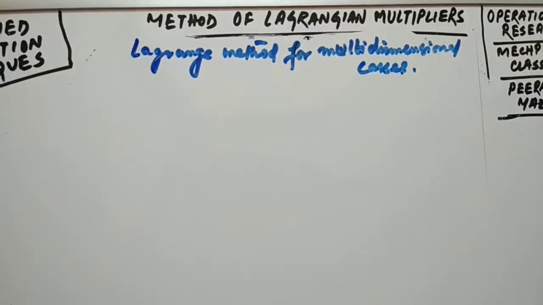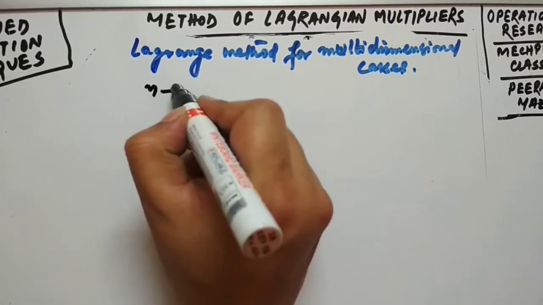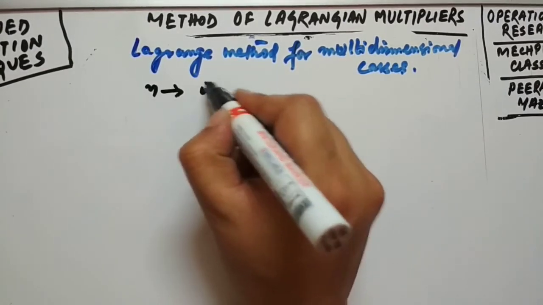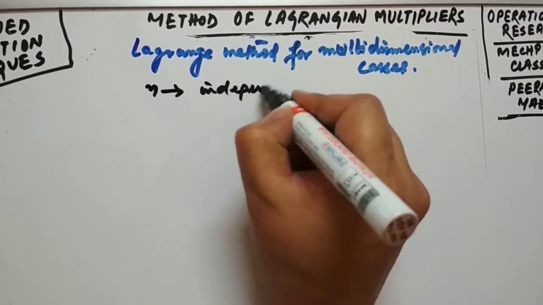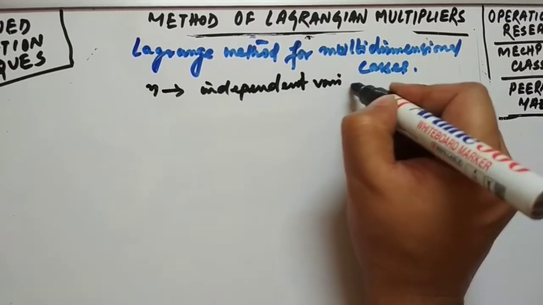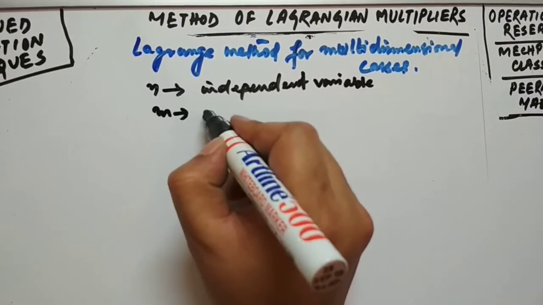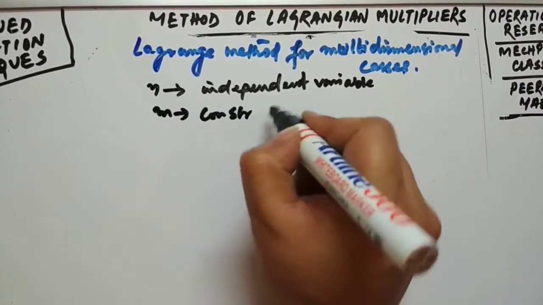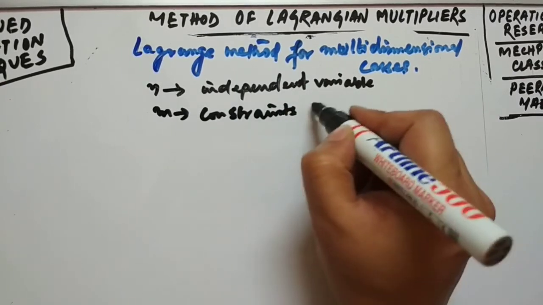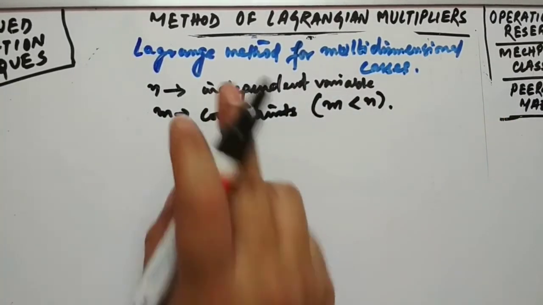Now if you see, we have, say, n independent variables, and m constraints, and m is less than n, that is, constraints are fewer than variables.